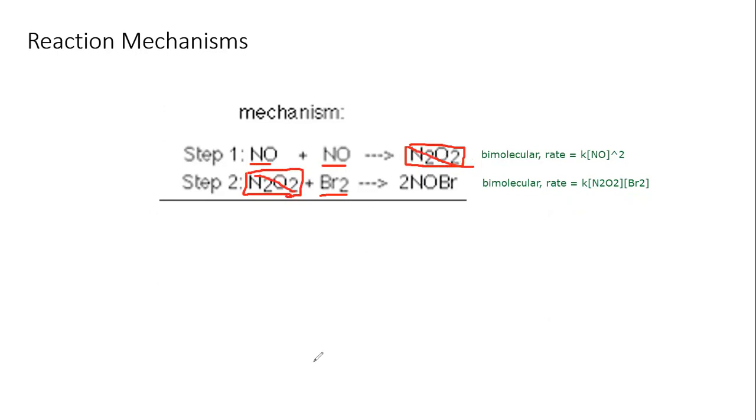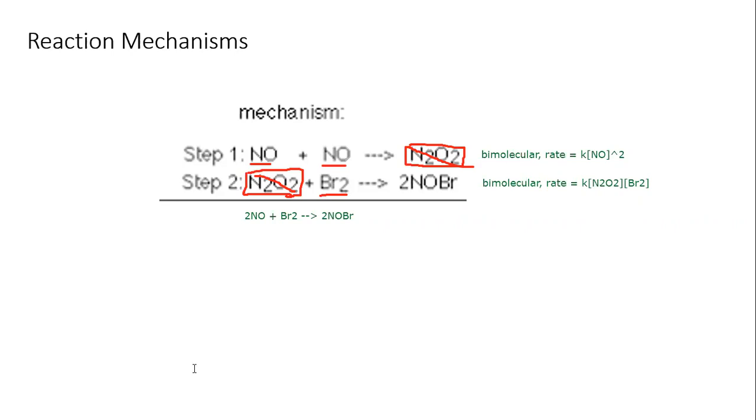And so what we have left is the overall reaction. So we have 2NO plus Br2 yields 2NOBr. Again, it's a coincidence that the coefficients of the overall reaction are the same as the order of reaction for the different rate laws.